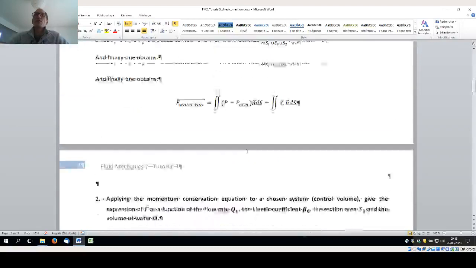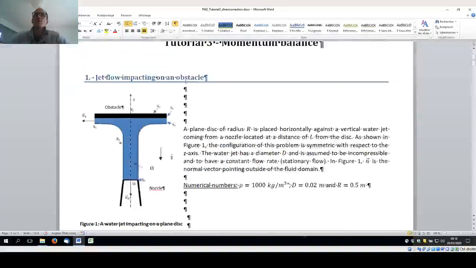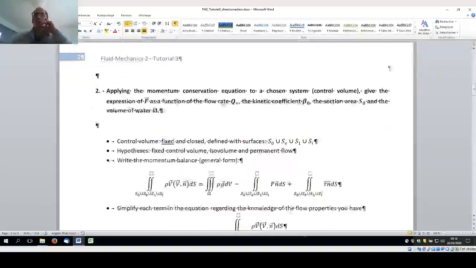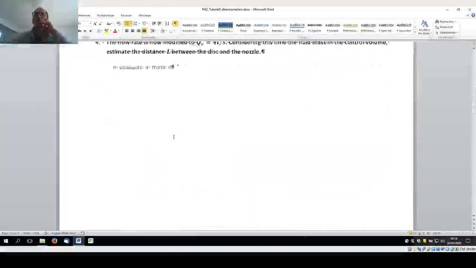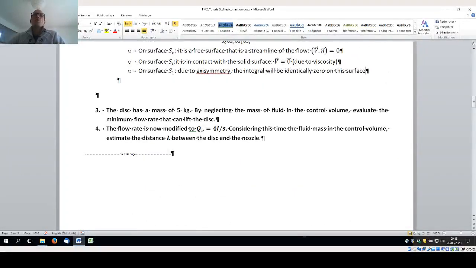Do you write it? I hope it is clear. What's getting in on one side is compensated by the other side on all the axisymmetry of the outward surface S1. So what remains is only what's happening on S0.